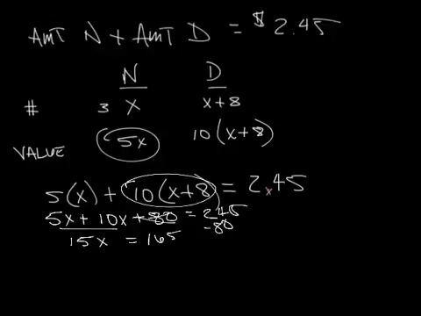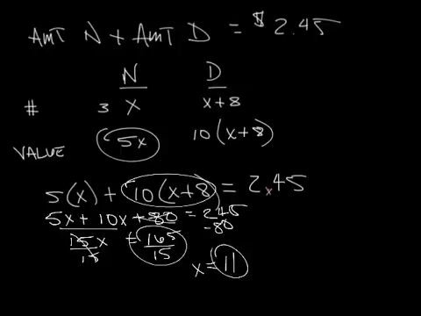Once I subtract, divide both sides by 15. And 165 divided by 15 is 11. So I have 11 x's, which are nickels. So I have 11 nickels, and 11 plus 8 is 19. So I have 11 nickels and 19 dimes.